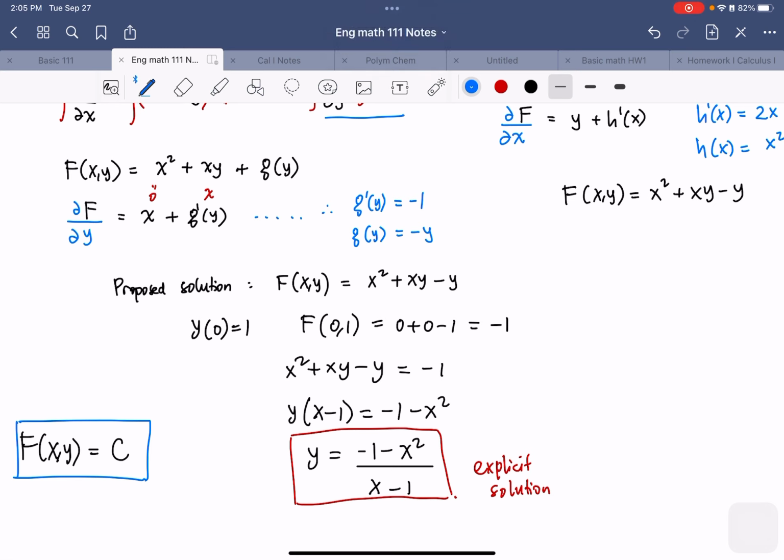Because remember, I think in calculus 2, and calculus 1 also, when we have this function of two variables equal to a constant, we can make a graph, like you have a map and you have a contour, like a mountain. We can write something similar to this: the function of x, y, and then it's a constant.